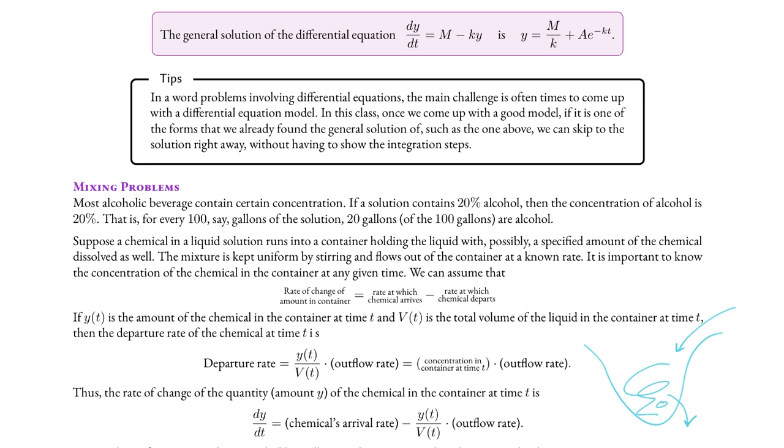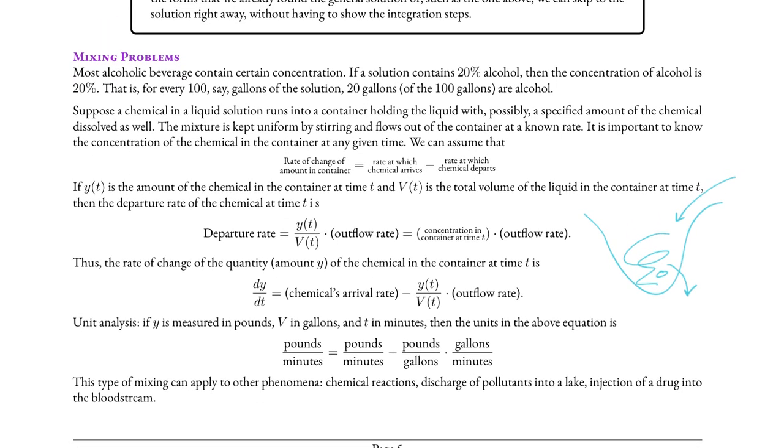And so the rate of change of the quantity y inside the container, dy/dt, is the rate at which the chemical arrives minus the rate at which the chemical departs. In this case, if y is measured in pounds, v is in gallons, and t is time, then the unit of this equation, which is a differential equation, is pounds per minute.